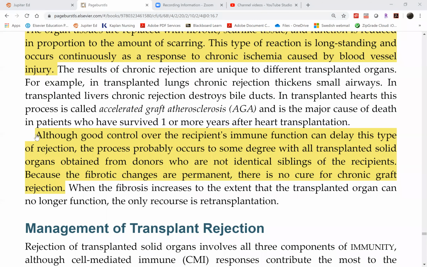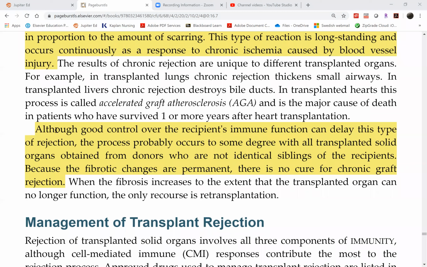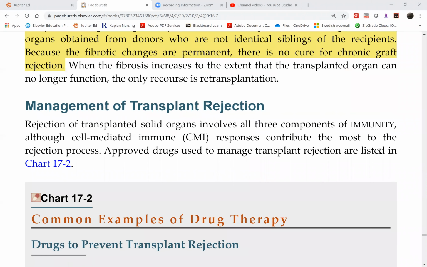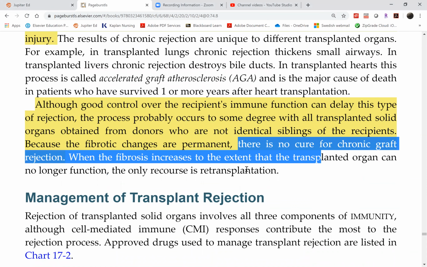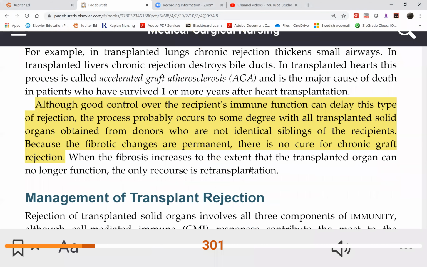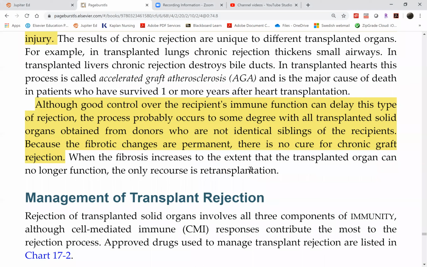So the only way to manage this, as described here, there's no cure, but you can delay the progression. How do you delay it? Drug management again. So either change the drugs, add more drugs, or increase the doses. That's all you can do.